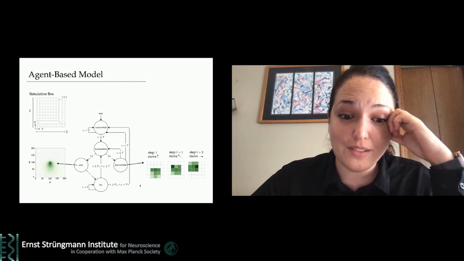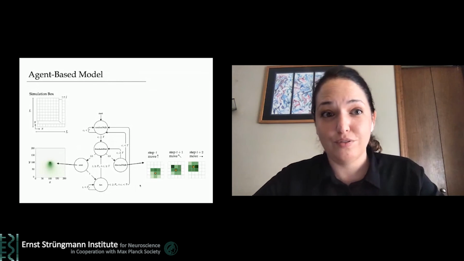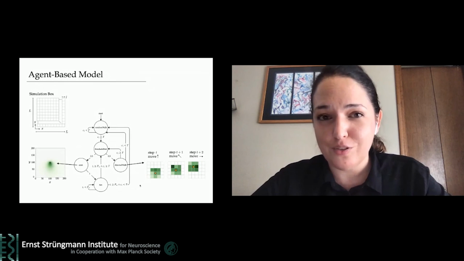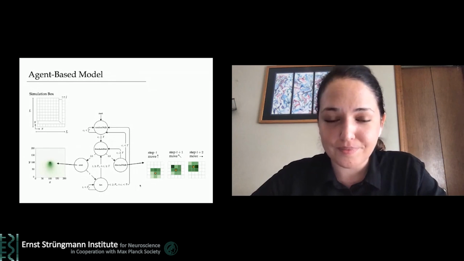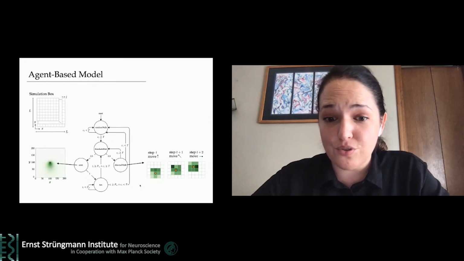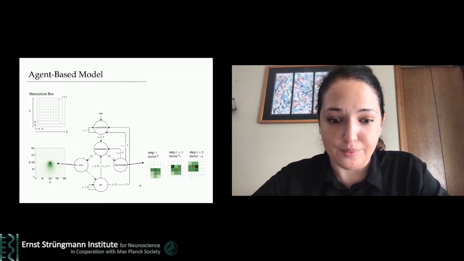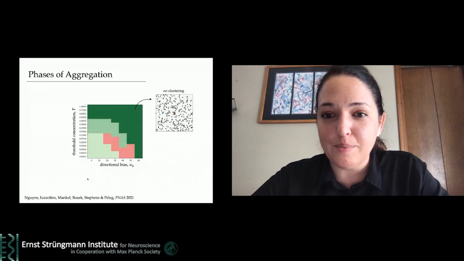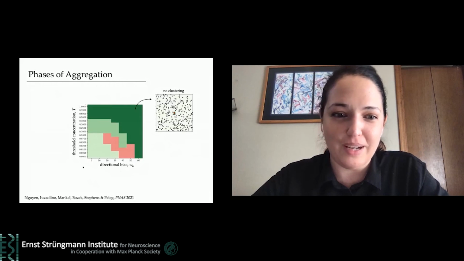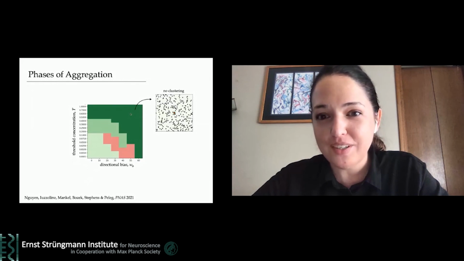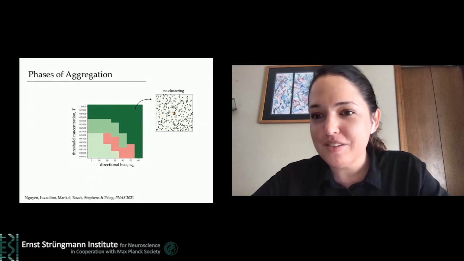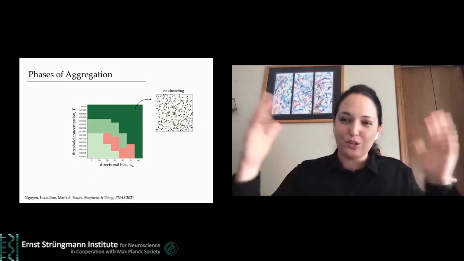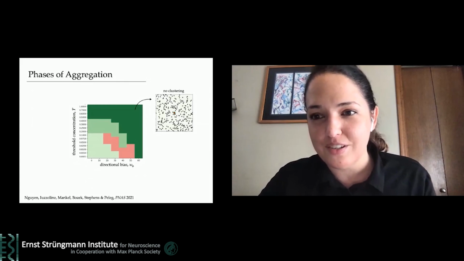So 0 would be a situation where the bees don't fan at all. High values would correspond to fanning. And there could also be, of course, a gradient there. Okay. So at high values of directional bias and threshold concentration, nothing happens because the threshold is so high that none of the bees are scenting.